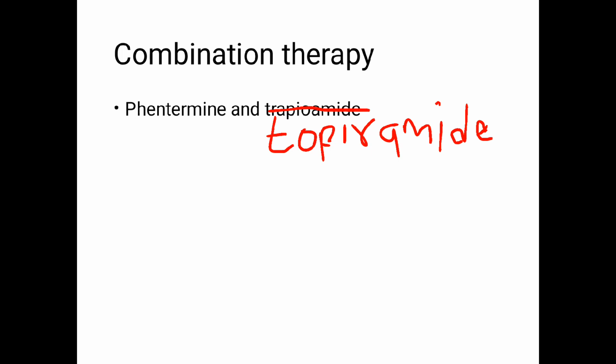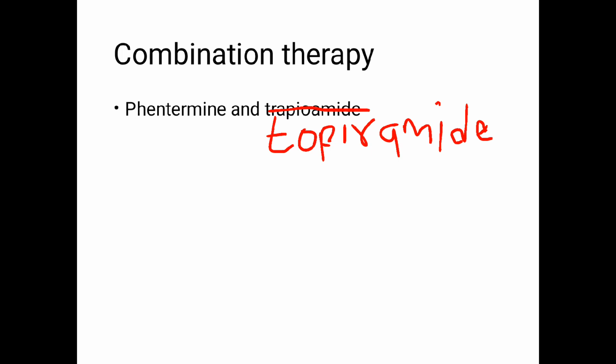Now, this combination is not used in pregnancy. It's contraindicated in pregnancy because it can cause cleft palate. Topiramate is a weak carbonic anhydrase inhibitor, so it is not used with other carbonic anhydrase inhibitors because it can cause kidney stones. Topiramate also decreases the efficacy of oral contraceptives, so we should not use this drug when we're using oral contraceptives.